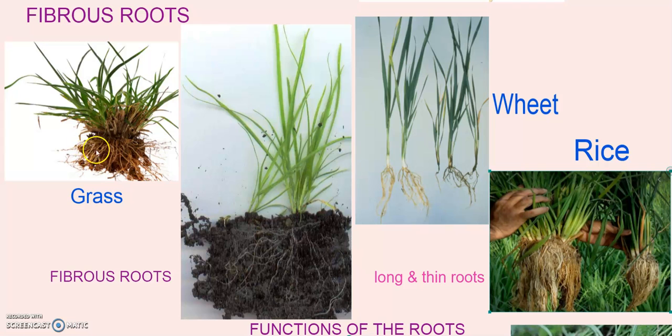How are the roots in these plants? In the grass plant you find the roots are long and thin. In the wheat plant they are also very thin and long. In the rice plant you will find a bunch of long and thin roots. So this type of roots are called fibrous roots.